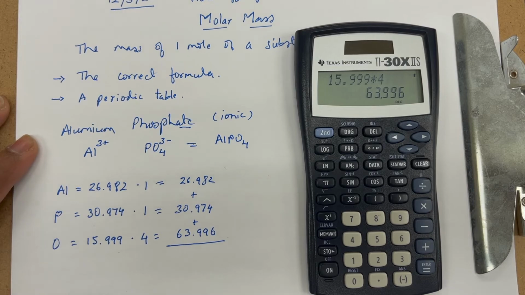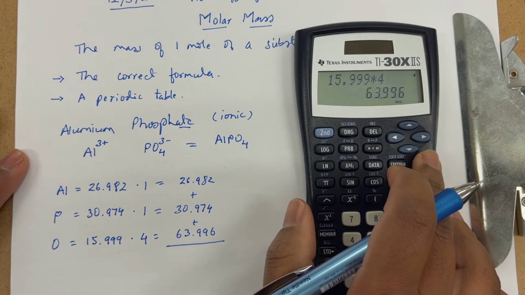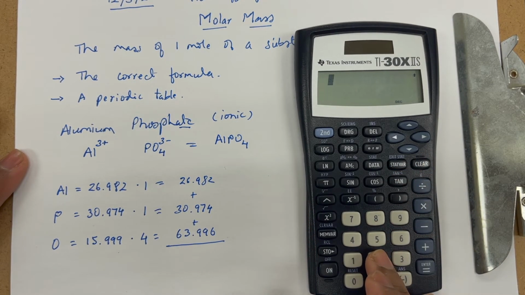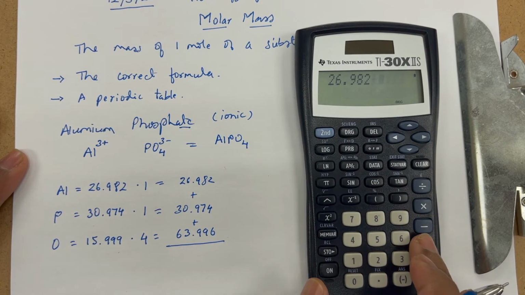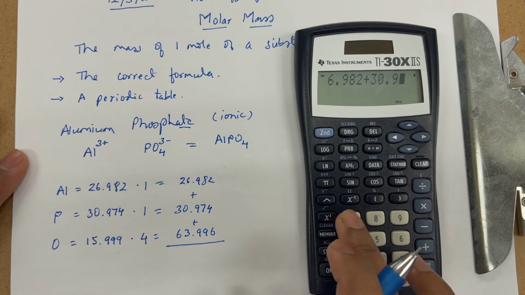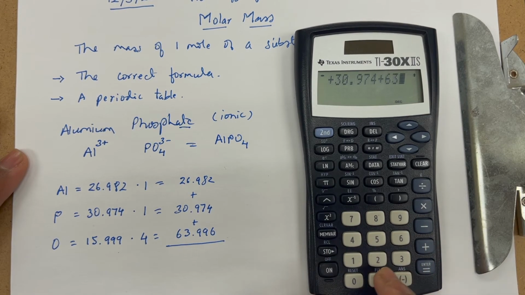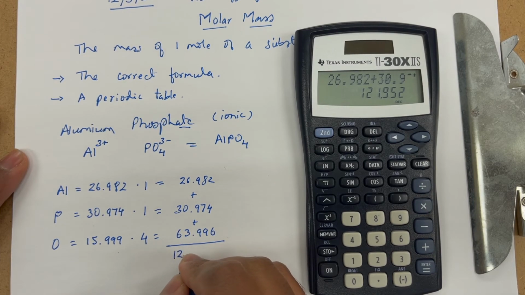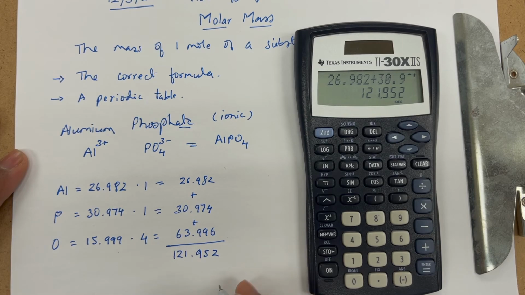One important thing to remember here is that you do not round. Okay, molar masses are supposed to be treated as exact. So 26.982 plus 30.974 plus 63.996, which gives you 121.952.